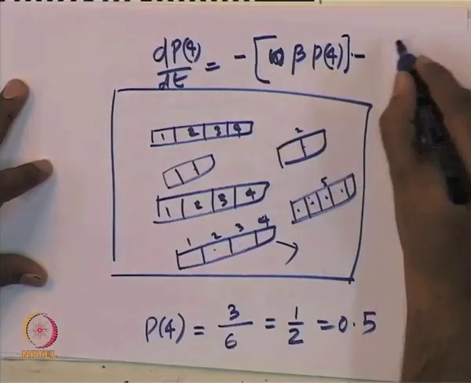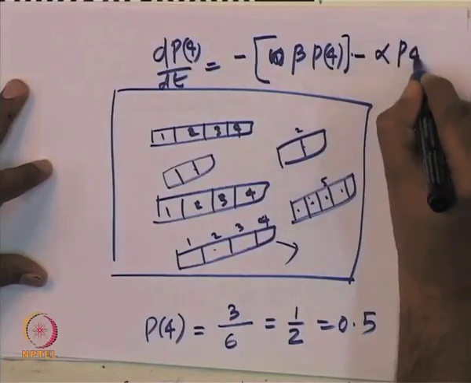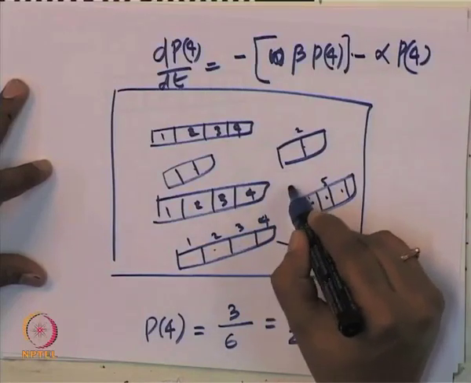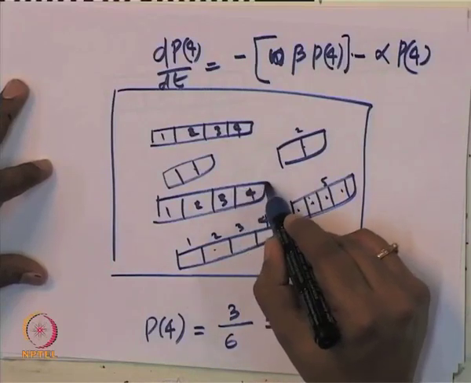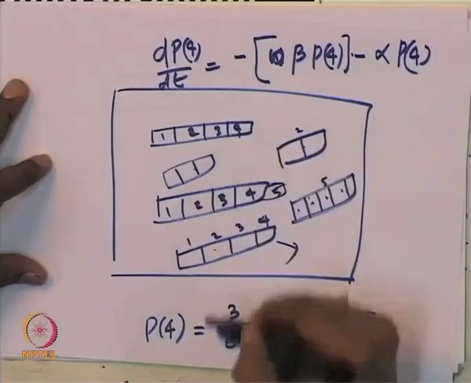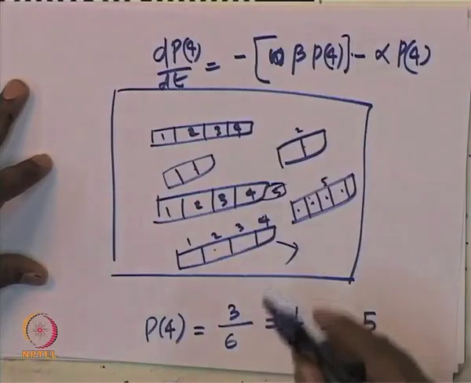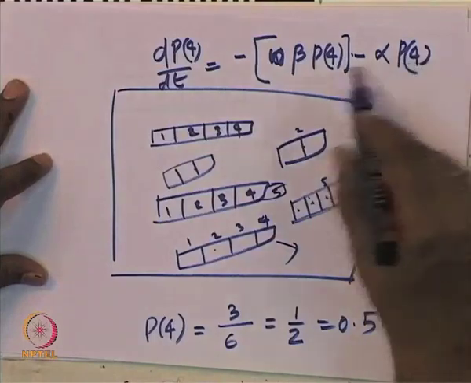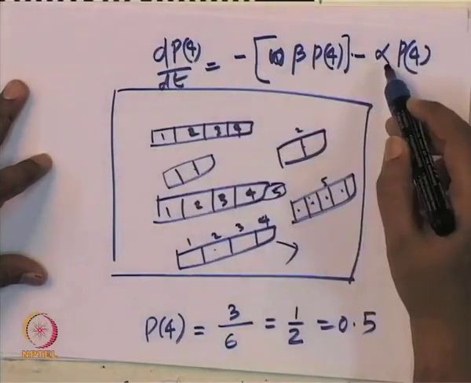You can also go away by alpha. That means, if you polymerize any of these, the number of filaments with 4 will decrease, because this will suddenly become 5. Then only 2 of them have 4 monomers. So, dP4 by dt will decrease. Essentially P4 will decrease.